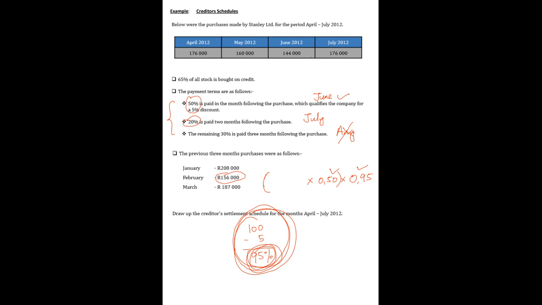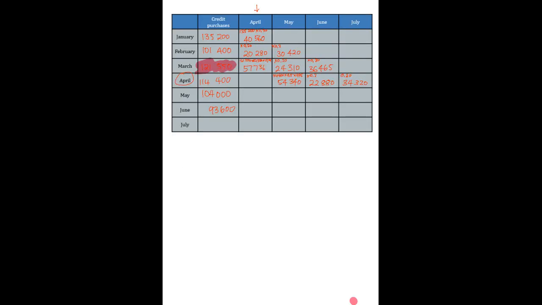So the purchase in May was 104,000. You'll work out for the first 50% that's paid in June. You'll work out 50% first and then 95%. So 104,000 times 50% times 95% in June.